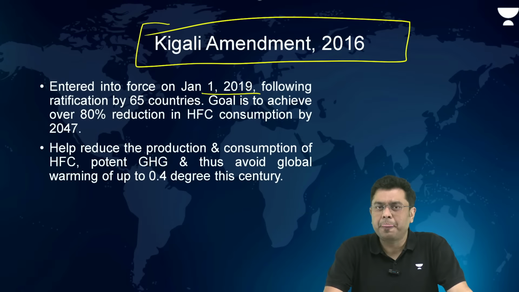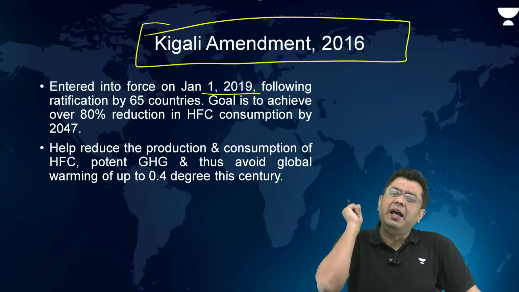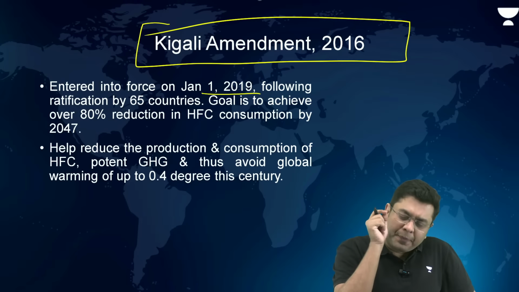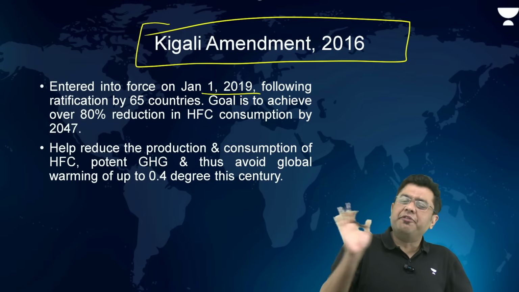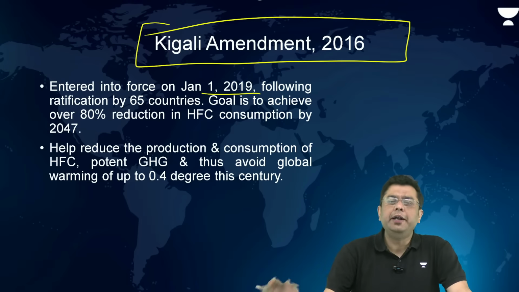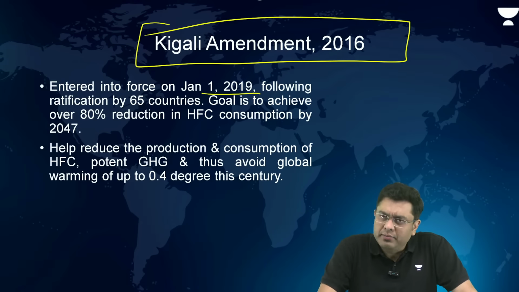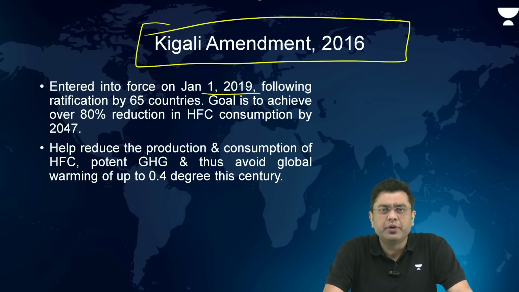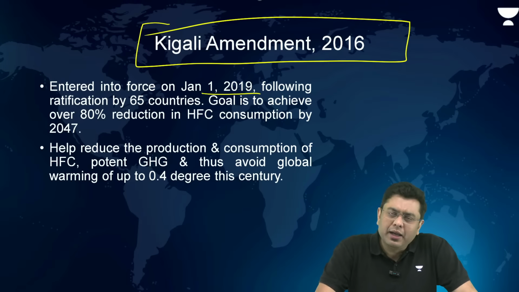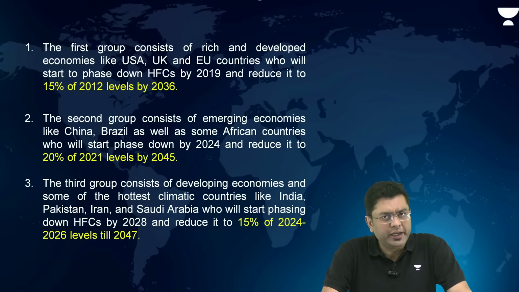But the genius of the Kigali Amendment again was the principle of common but differentiated responsibility. The developed nations were clubbed into one group, the developing into another, and the tropical and underdeveloped nations into the third group. And different targets were set for each one of them.